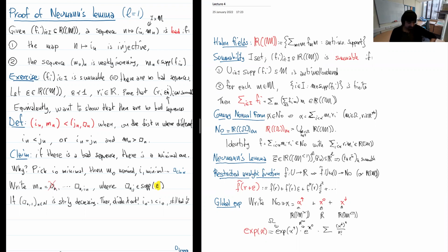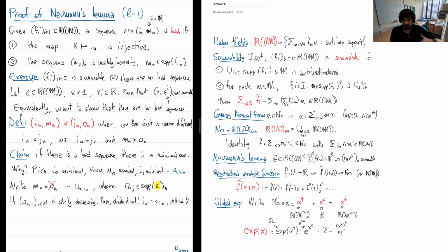Okay. Now, this is the special case. If these monomials are strictly decreasing already as given, then we're done. If not, now we have to do something more sophisticated, and this is the part that needs to be said carefully as well, because these monomials are in the support of epsilon.